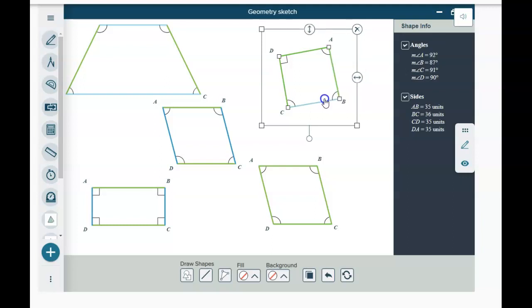Let's see here. It's hard to get those to be the same length. Trying to get them to be the same length.